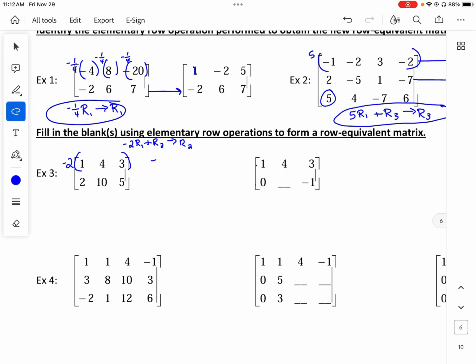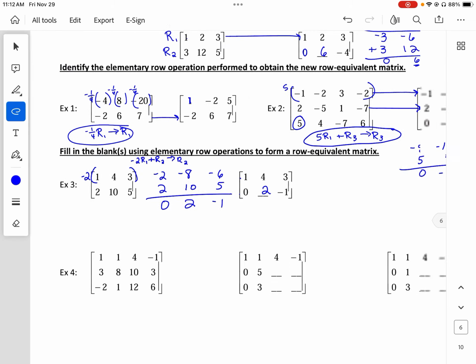So that's going to be -2, -8, -6, 2, 10, 5, 0, 2, and -1. So that is a 2. If I want to go a step further and get a 1 there, I could just do times 1/2. And then that would make that 2 into a 1 and also change the -1.